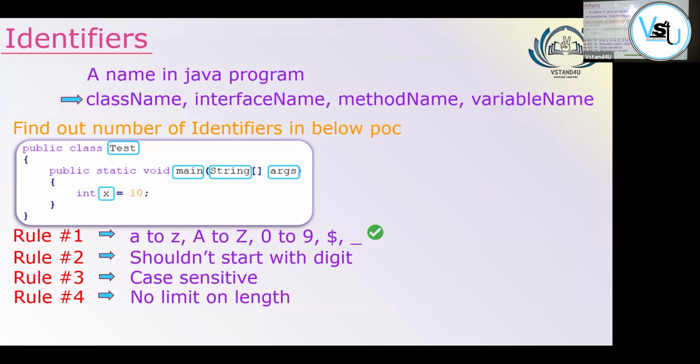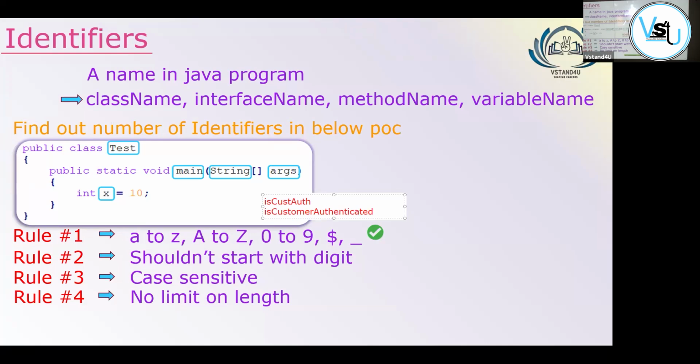Say, for example, what is the name? isCustAuth. What is the meaning? God knows. If you write names like this, isCustAuth, or can I write a name like this, isCustomerAuthenticated.